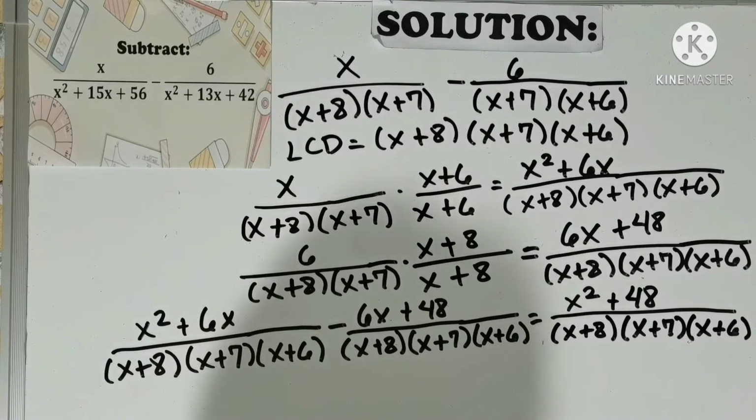And our final answer is equal to x squared plus 48 all over the quantity x plus 8 multiplied by the quantity x plus 7 multiplied by the quantity x plus 6.